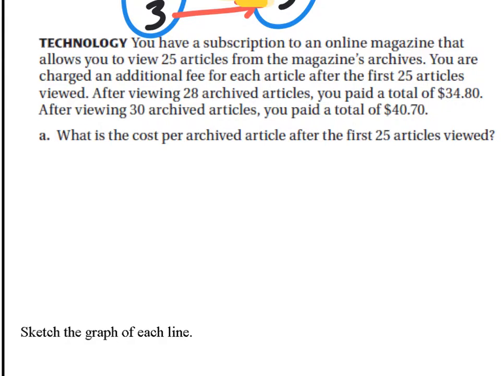After viewing 28 articles, you paid a total of $34.80. After viewing 30 archived articles, you paid a total of $40.70. So the first 25 are free, or if they're not free, it comes with your subscription.